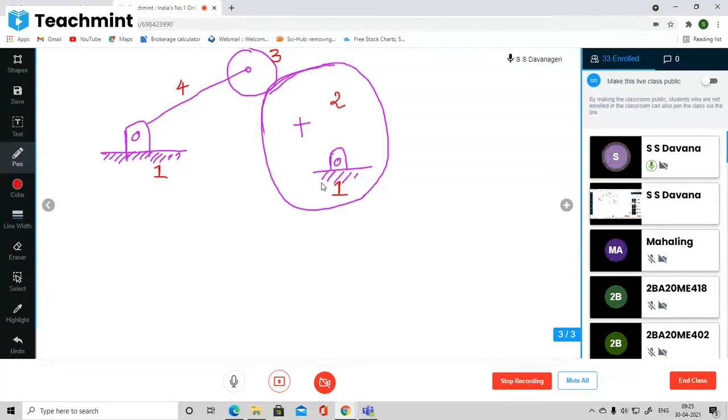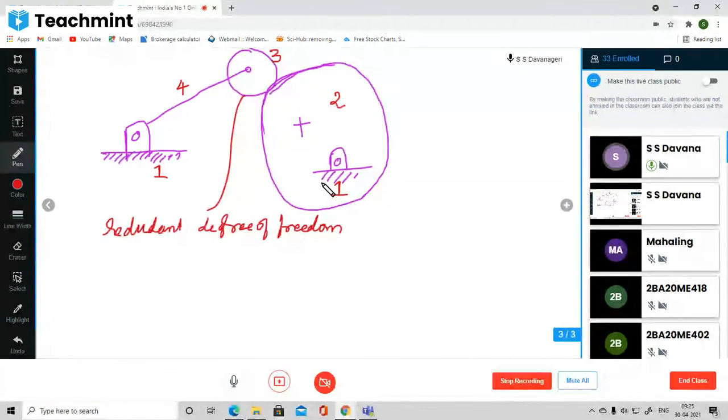Such a link is said to have a redundant degree of freedom. Before going to find out the degrees of freedom, it is necessary to recognize the elements which have a redundant degree of freedom for analysis.